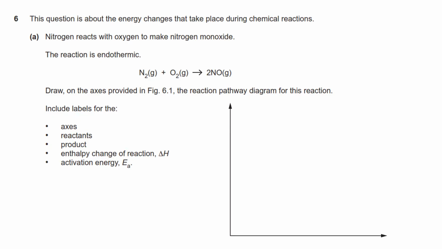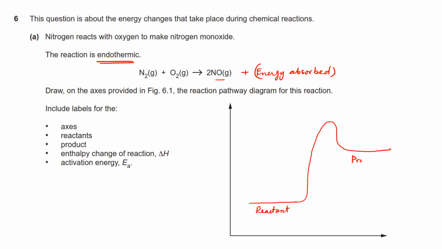In this question, it is about the energy changes that take place during chemical reactions. Part A says nitrogen reacts with oxygen to make nitrogen monoxide. This reaction is endothermic. Remember, in endothermic reactions, energy is absorbed, and that's how we feel cold. So in this reaction, the reactants have lower energy. Then it goes upwards and somewhere here, these are my products.